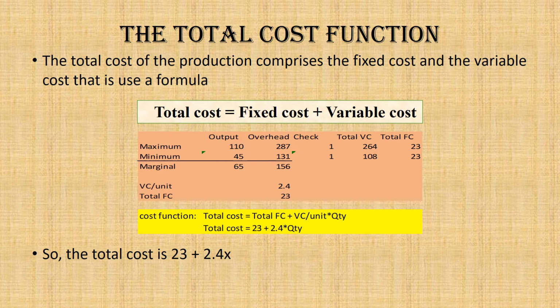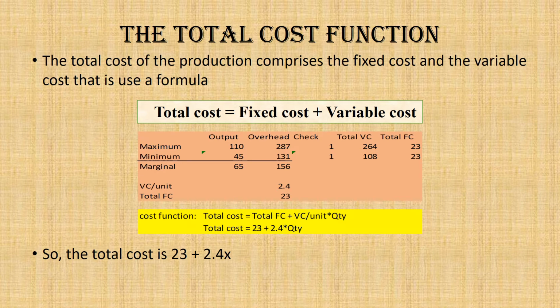Next, we calculate the variable cost per unit, which is the marginal overhead divided by marginal output. To get the total variable cost, we multiply the output by the variable cost per unit. For the total fixed cost, we just subtract the total variable cost from the overhead.